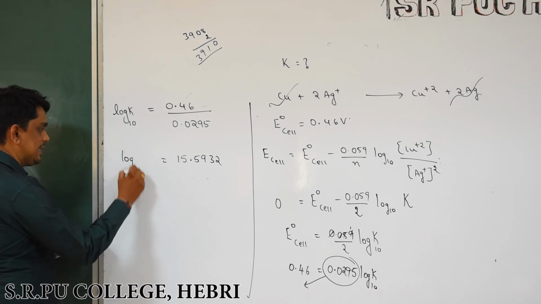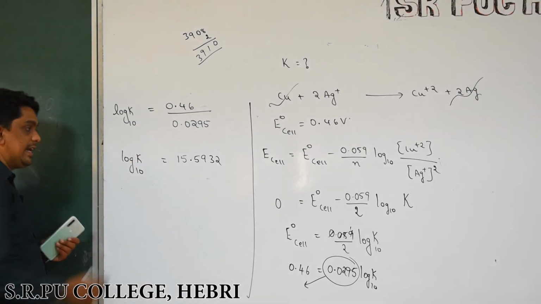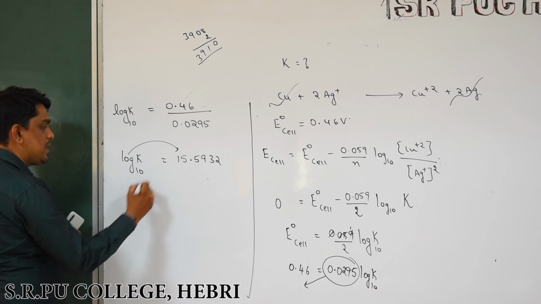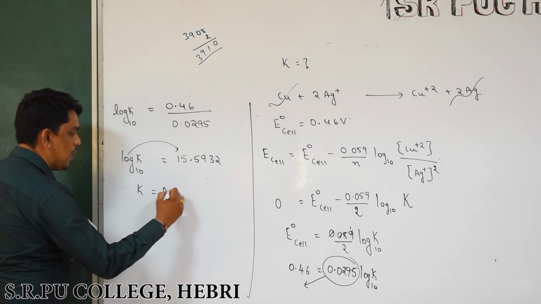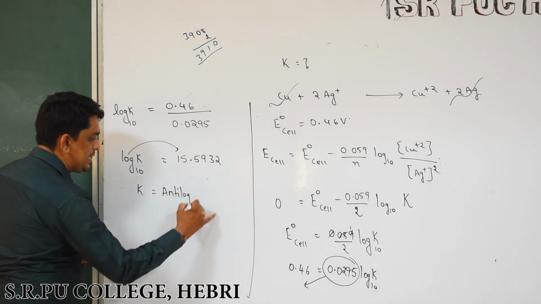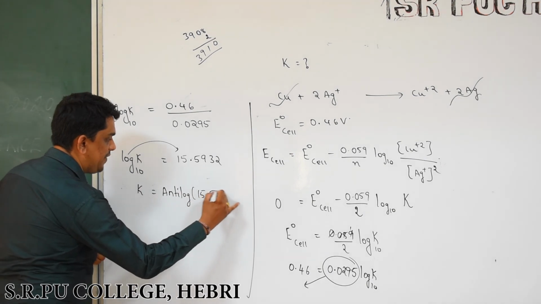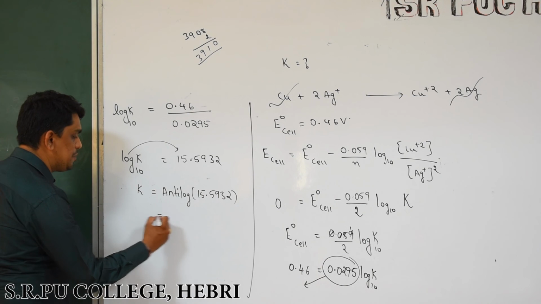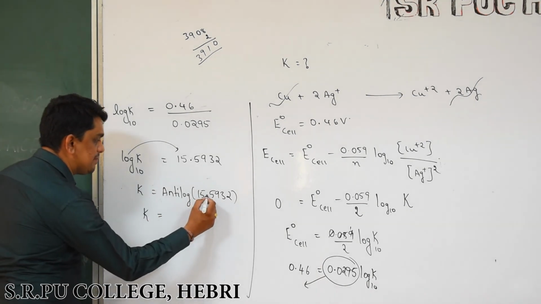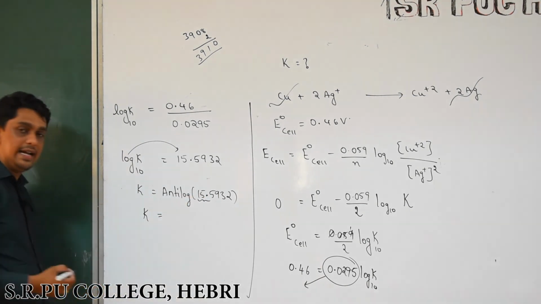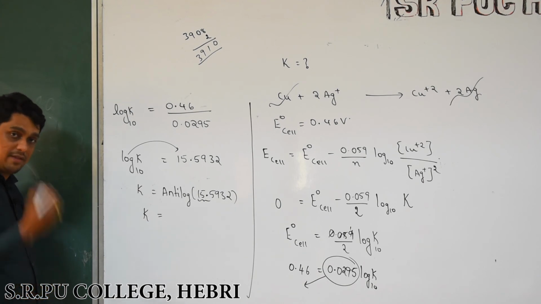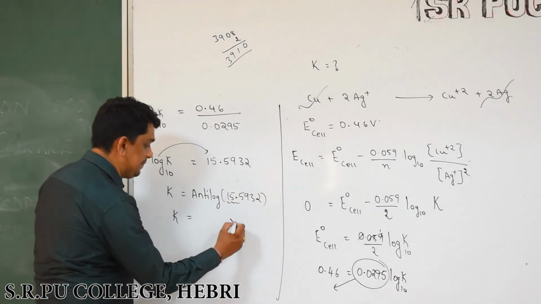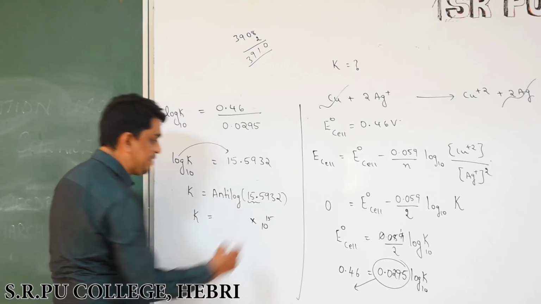I'm writing this as it is first. Let me take it to the other side where log becomes antilog. So antilog of 15.5932. Please see here, as I told you people, before the decimal point, whatever digit is there, that value becomes the power of 10.